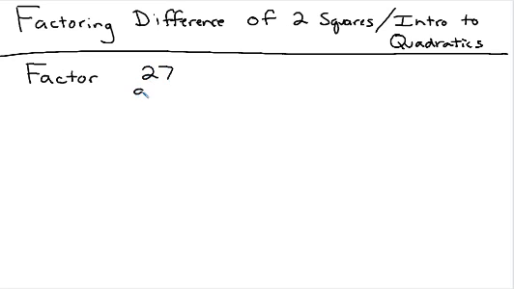Wouldn't that be 9 times 3? 9 times 3 makes 27. So this right here is what we call factoring something, when we break it down into something times something that makes the original.